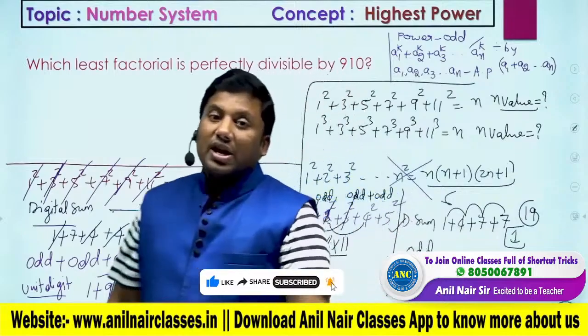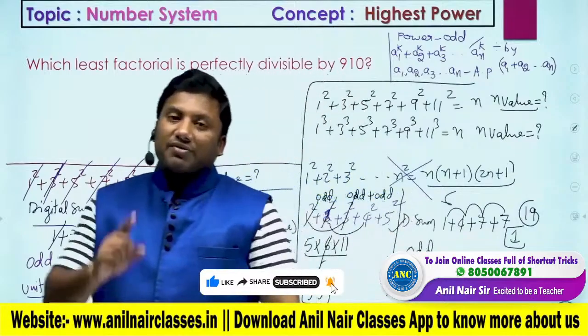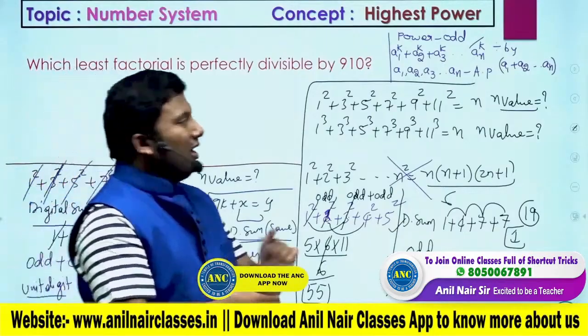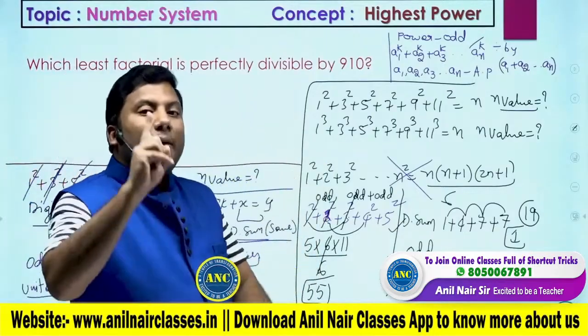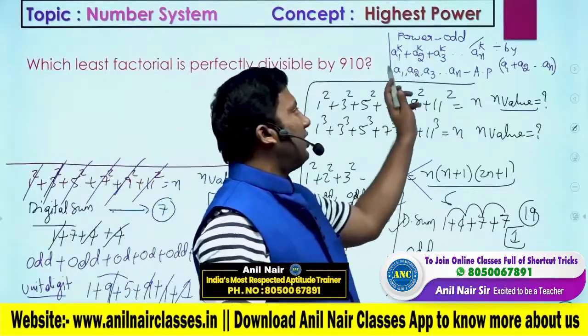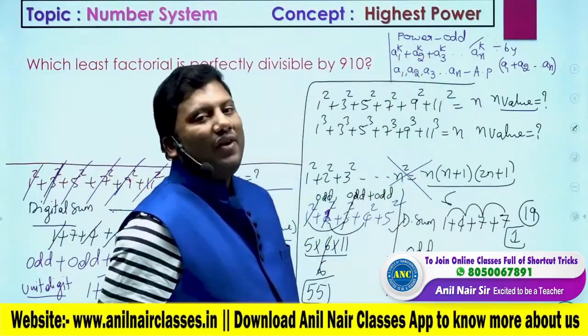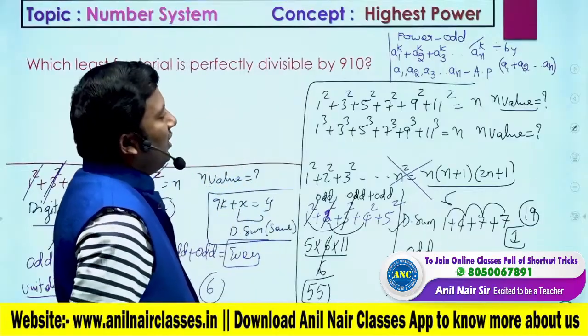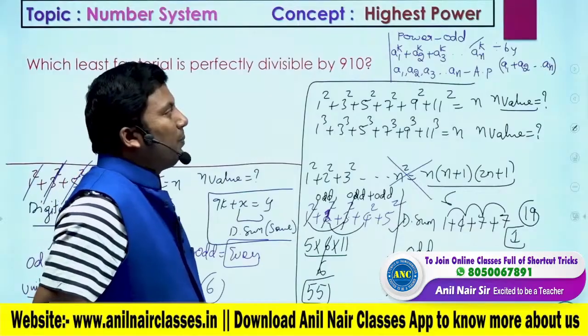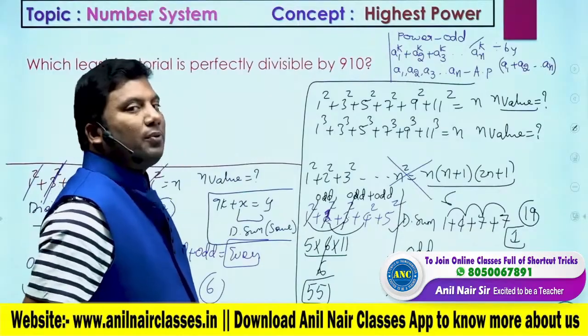If the power is an odd number and the bases follow an arithmetic progression, then the series is always divisible by the sum of the bases. What is the sum of the bases? A1 plus A2 plus A3 and so on up to AN.